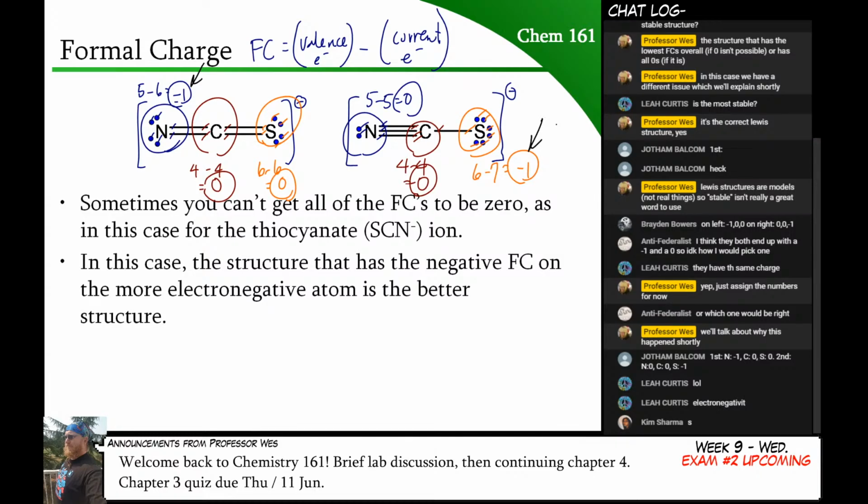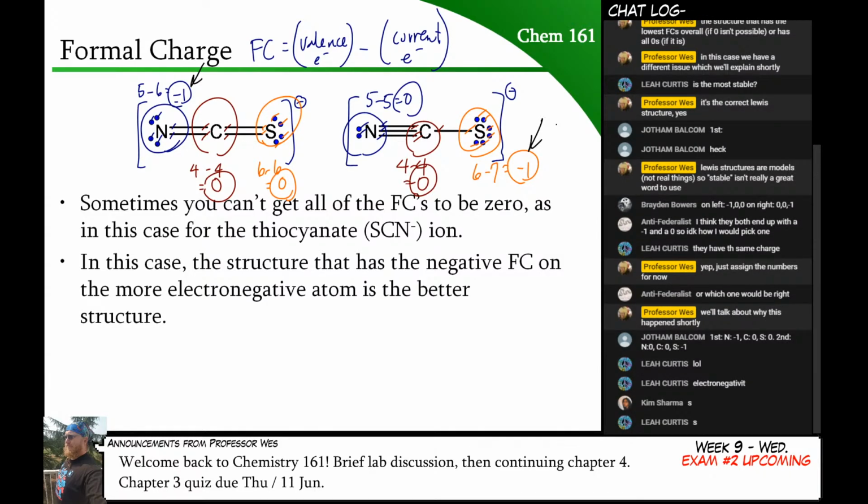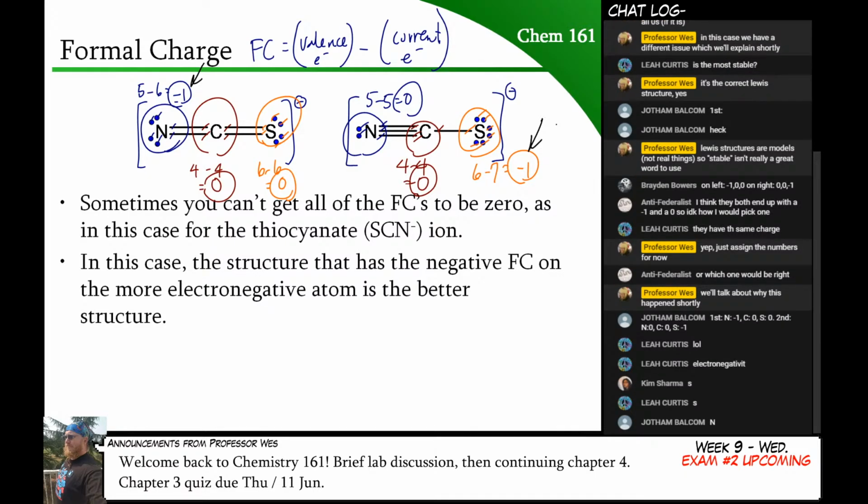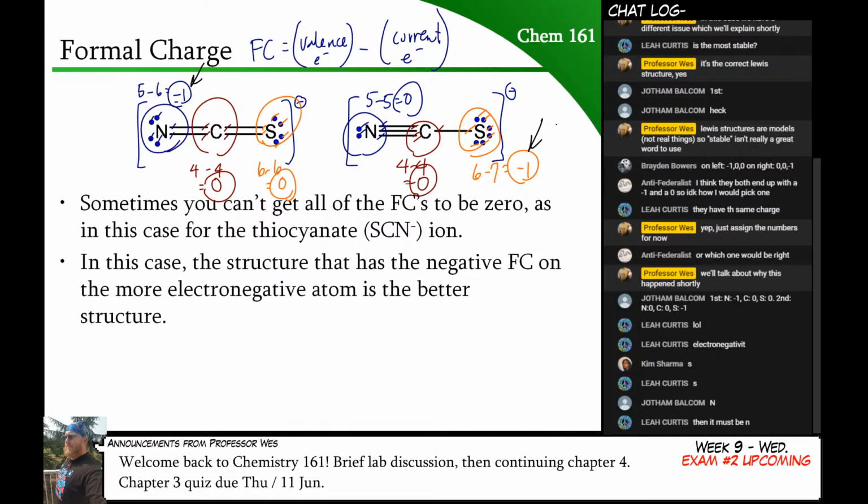It's not S. Yeah, it is N. N is really electronegative. I narrowed it down for you, right? So, if N is more electronegative than S, this must be the correct structure.